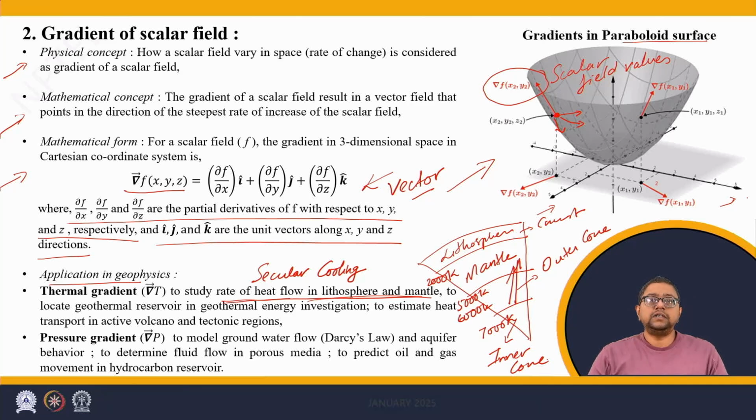Also, near the surface, geothermal reservoirs present a practical area to understand and measure the geothermal gradients. We also know of volcanoes and tectonic regions where the activity involves thermal gradients, where molten lava is thrown out from volcanic eruptions and tectonic plates grind against each other, developing thermal gradients.